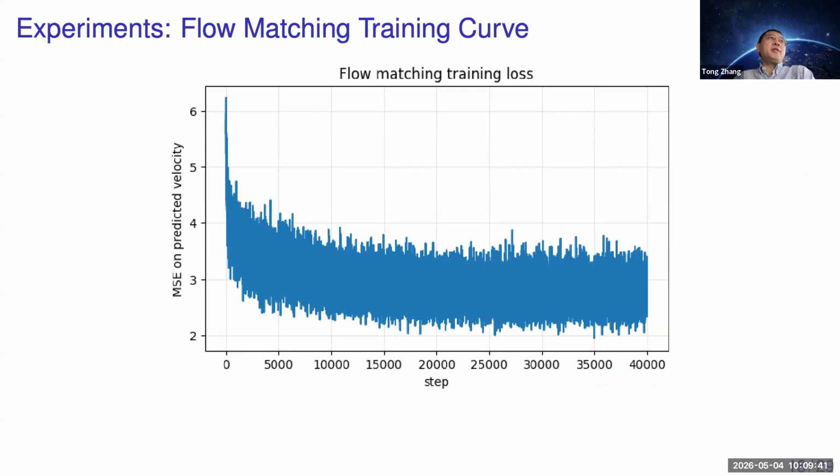Here is the training. Training is very similar. You are training a flow matching model versus a diffusion model, and you just change the target a little bit. One is predicting noise, the other is predicting noise minus Y0. The loss is kind of noisy. We could do a little bit better than that, but roughly noisy is expected for all diffusion model and flow matching training. The reason is that there's an inherent noise. You are predicting noise, and noise is not predictable.